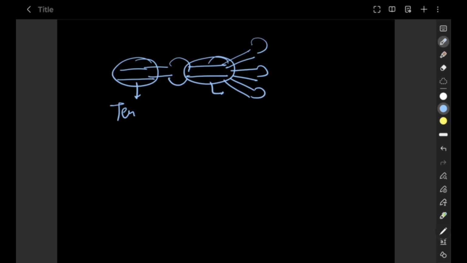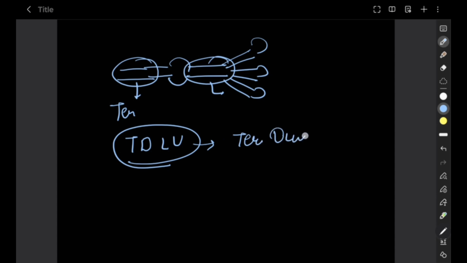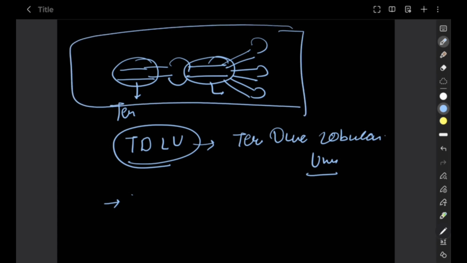Fine. Now what is TDLU? TDLU is the terminal ductal lobular unit. If we are asked what is TDLU, these are the various ducts we have studied.